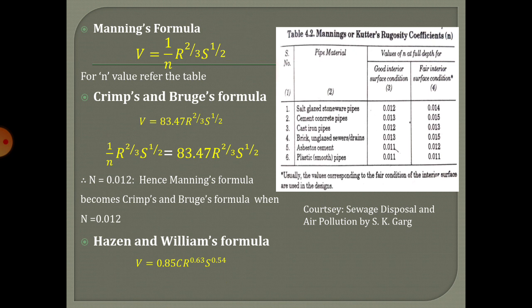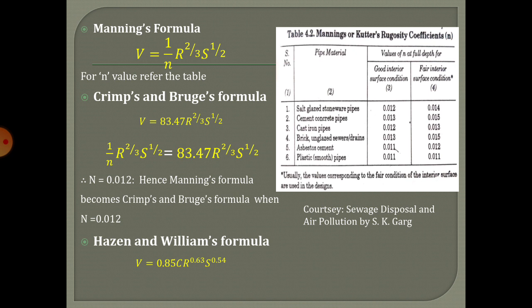Then the Manning's formula. The V can also be calculated by Manning's formula, and it is written as 1 by N R raised to 2 by 3 into S raised to 1 by 2, where N is the roughness coefficient or the Manning's rugosity coefficient.